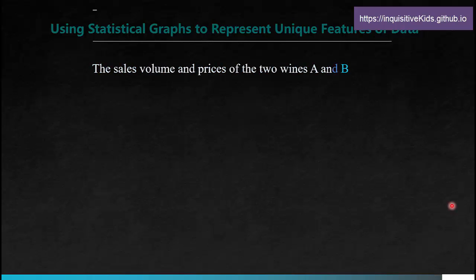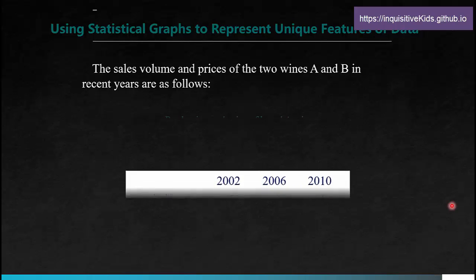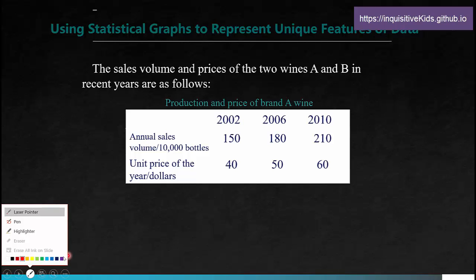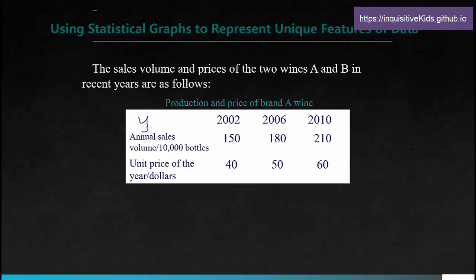The sales volume and prices of two wines A and B in recent years are as follows. Here we see a table about the data for production and price of brand A wine. This is the year, let me write that, year: 2002, 2006, 2010. Then there's the annual sales volume per 10,000 bottles.